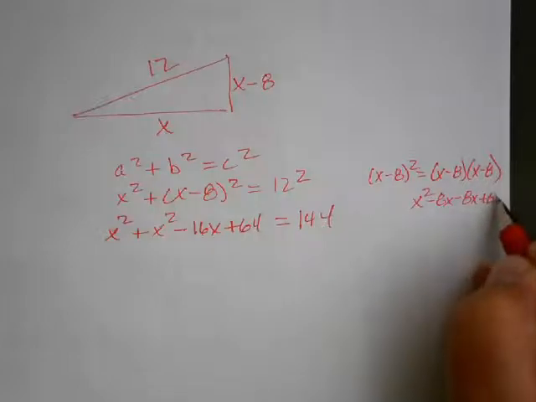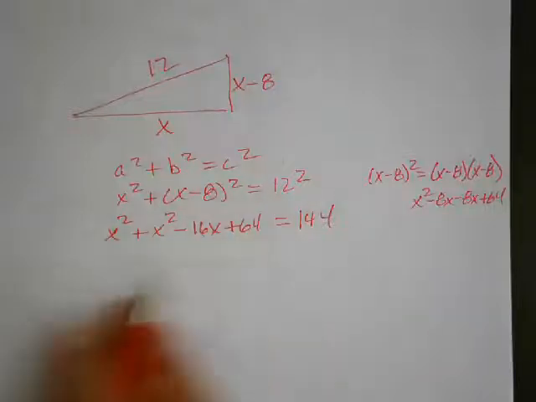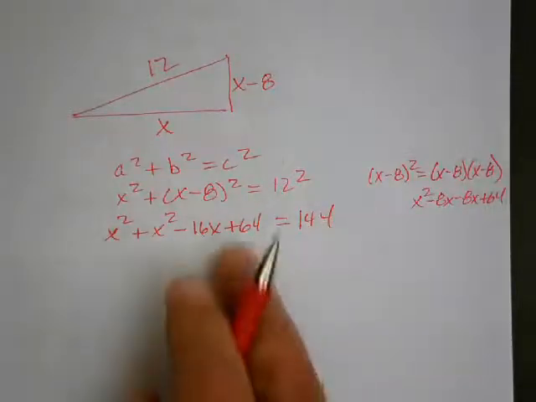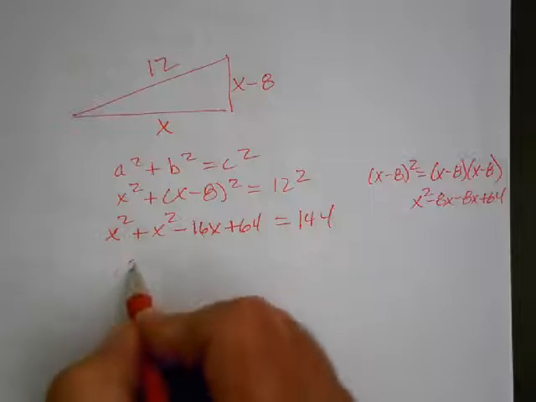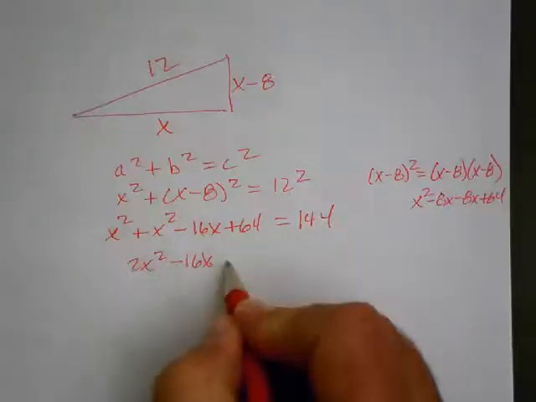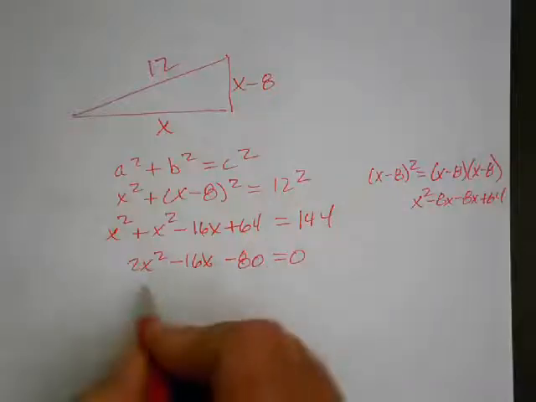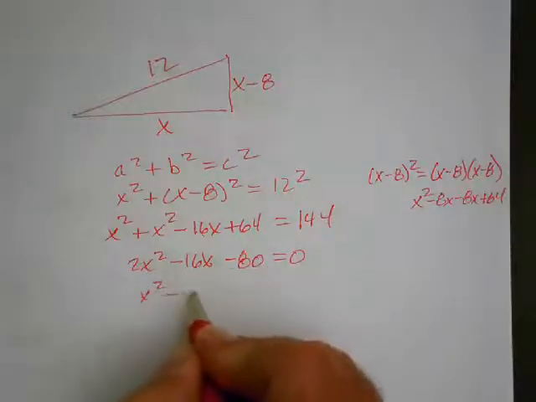These two gave me the negative 16x that's there. All right, again, doing a little bit of rearranging, moving the 144 over, I'm going to have 2x squared minus 16x minus 80. They're all even, so I can divide them all by 2 to make it smaller.